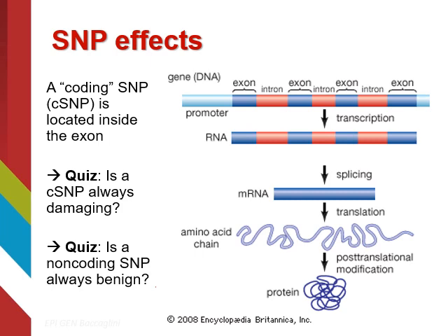Let's look at the SNPs in more detail. Coding SNPs, abbreviated as cSNP, are located inside the exons. Exons are the parts of DNA that code for proteins. In between exons, you find introns. These do not code for a protein.